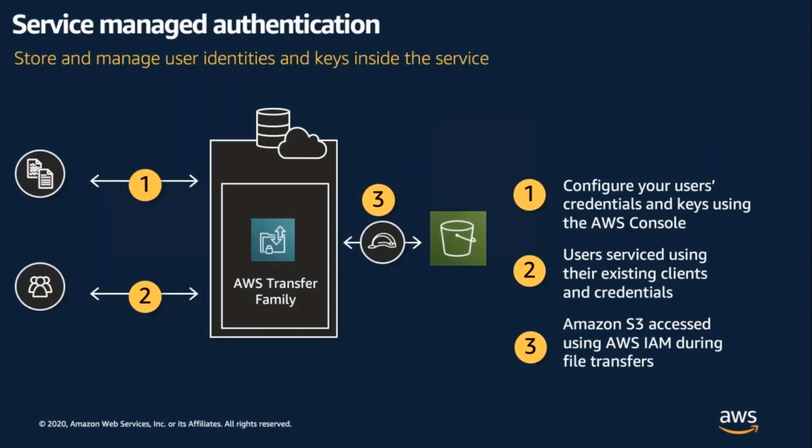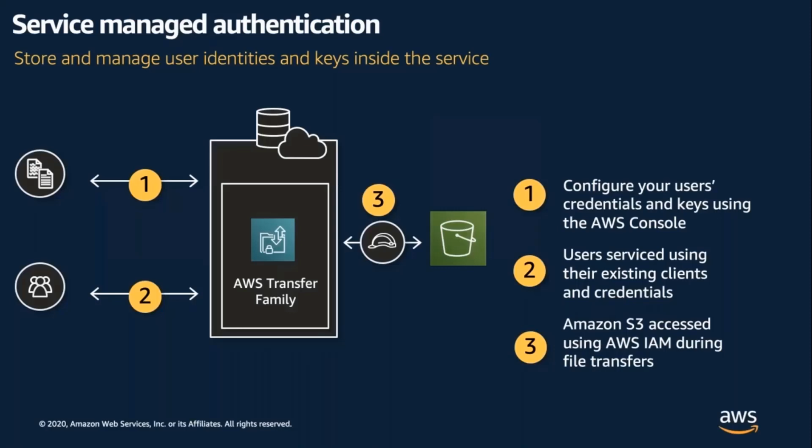Thanks, Jeff. So as Jeff mentioned, we have 2 ways you can store and manage your end users. The first one is what we call service managed authentication. In this case, you store and manage user identities and SSH keys inside the service. The way it works is first you configure your users, right?